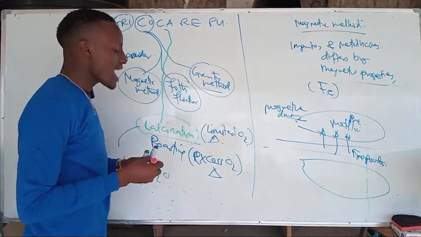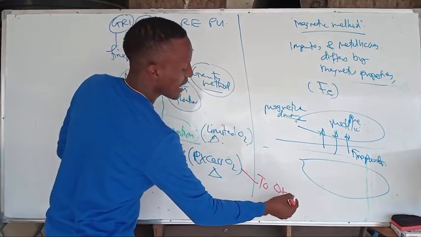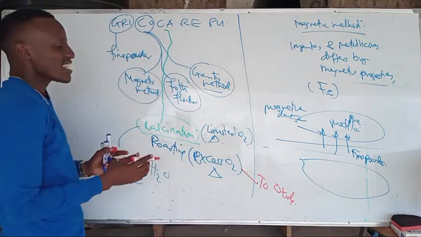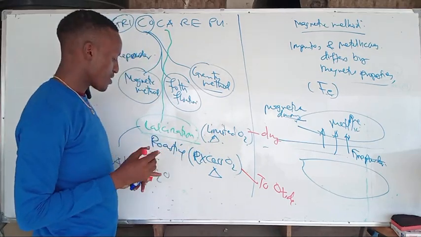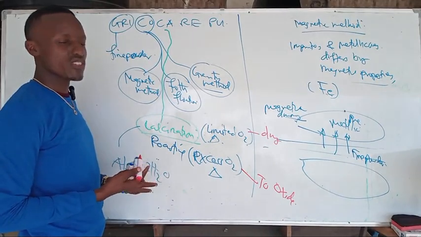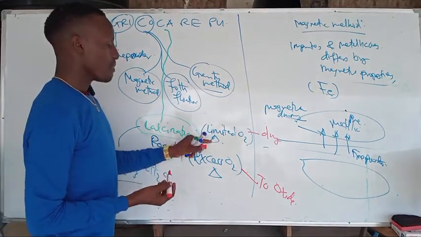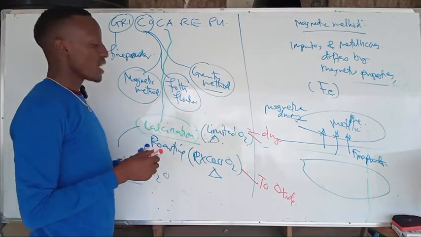But calcination is just to dry out the metallic ore. For example, this one has water of crystallization, so to remove it, you just heat it, in a limited amount of oxygen.